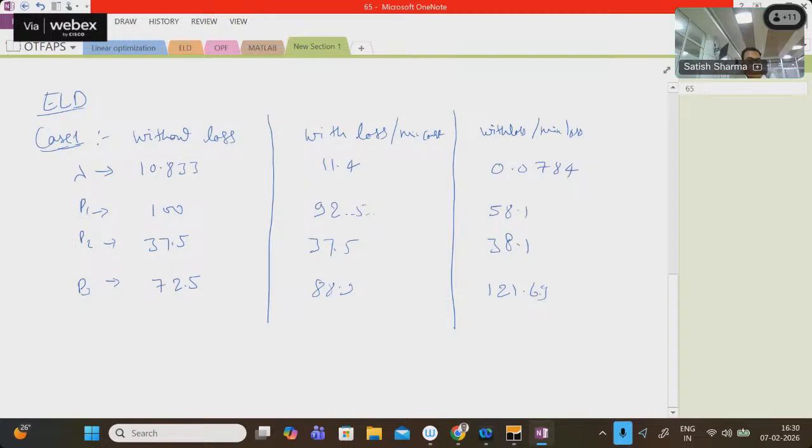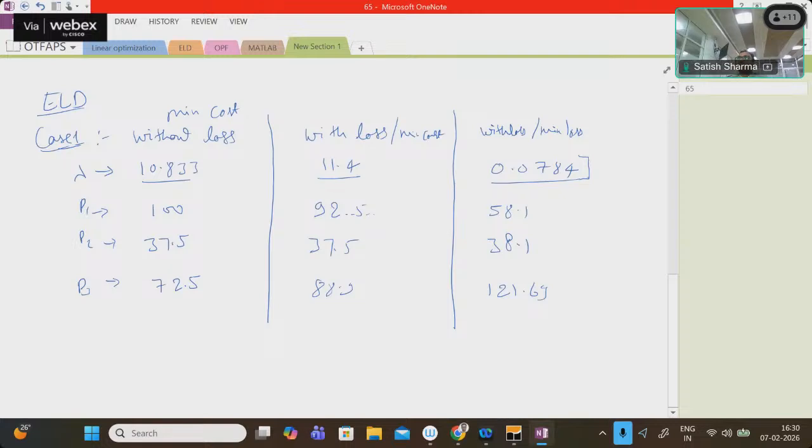So what is the significance of this information? We are trying to do minimization of the cost. This lambda is this much, then lambda has increased, and then lambda is very low. So why is the lambda value very low? Can anyone explain?